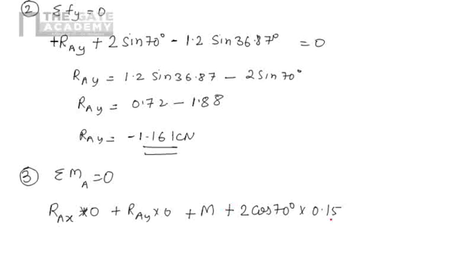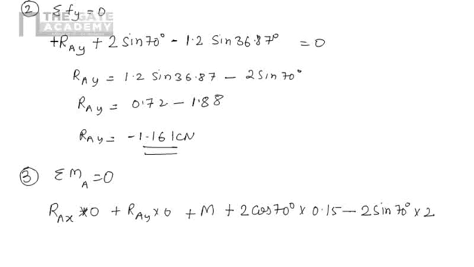For the vertical component, 2 sine 70, the perpendicular distance is 2, it is in anti-clockwise direction, so negative.